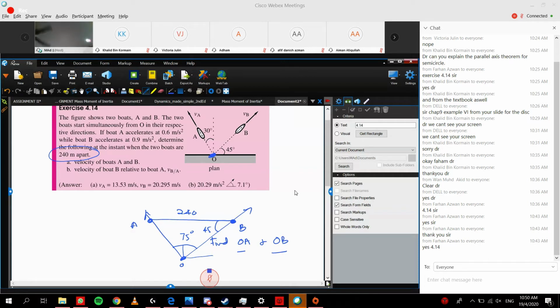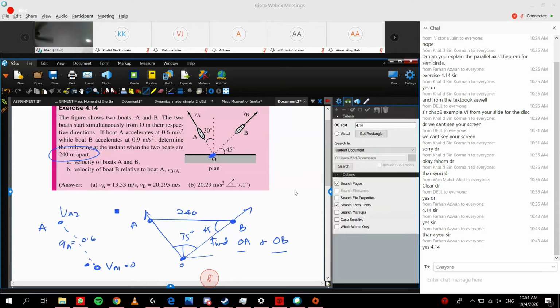Just imagine, this is your boat A initially at O, and it moved to position OA. That is the distance of OA. It starts with VA1 equals 0. Here is VA2, and the acceleration is 0.6. This is the standard calculation.